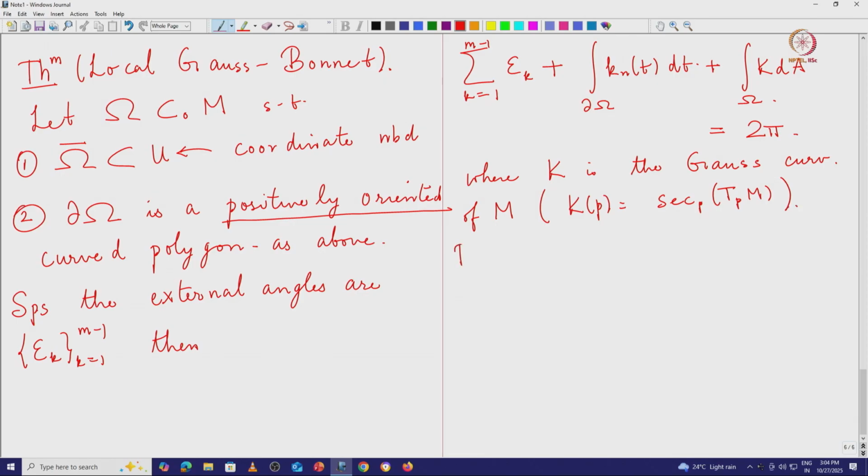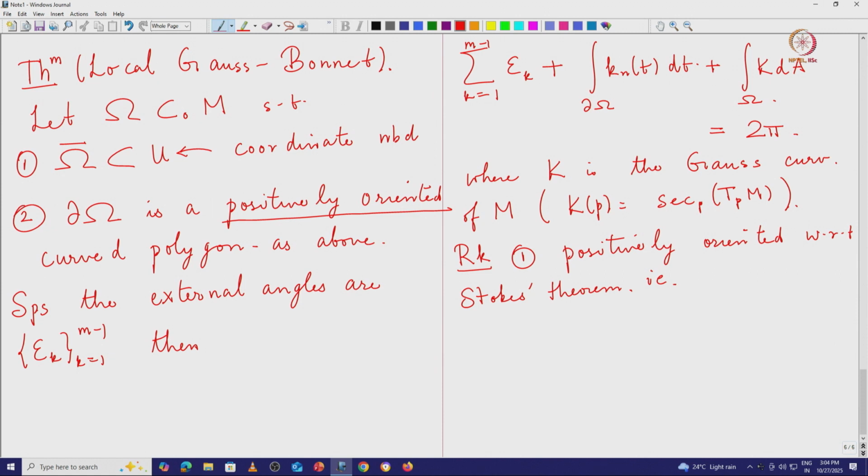So, let me make several remarks. Firstly, what does positively oriented mean? Positively oriented with respect to Stokes' theorem. So, the orientation that you use in Stokes' theorem, I am going to use that same orientation for the boundary of omega.